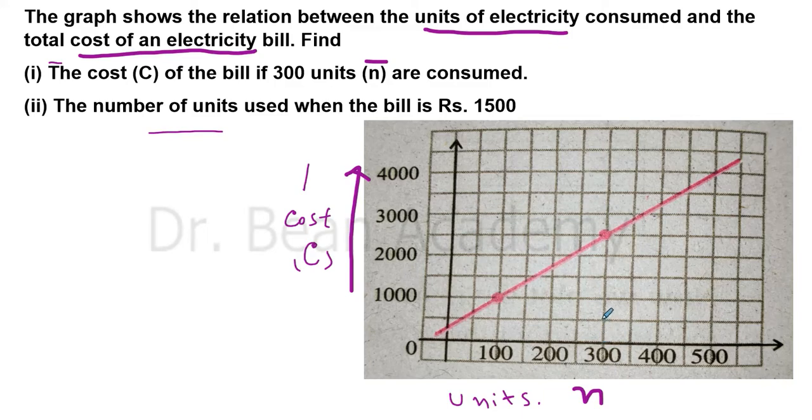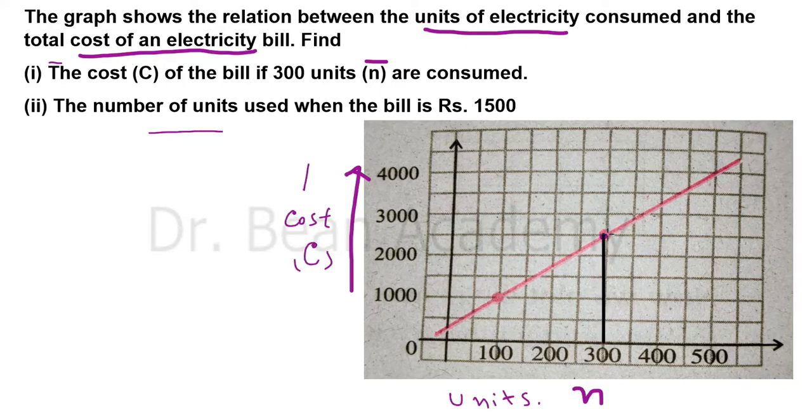And we can just go up, up, up, and where we stop, where we intersect with the line, meaning the graph, this is the graph of any user. Once we stop here, this is the point. Now I will go straight to the left side to see what is the corresponding cost if the units consumed by a user are 300.